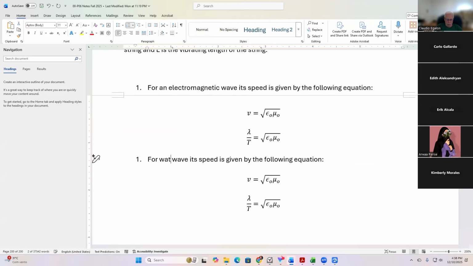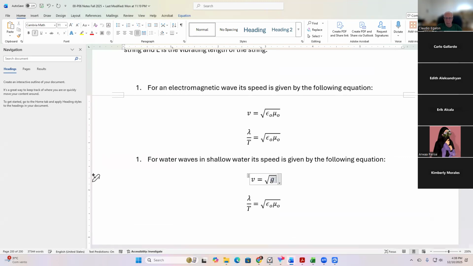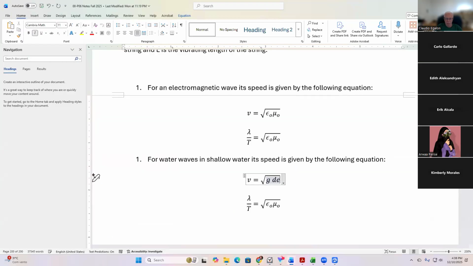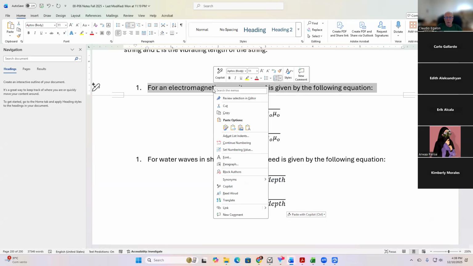For water waves in shallow water, the speed is given by the square root of g times the depth. And just like before, the wavelengths and the period are related to this specific speed of the water wave.